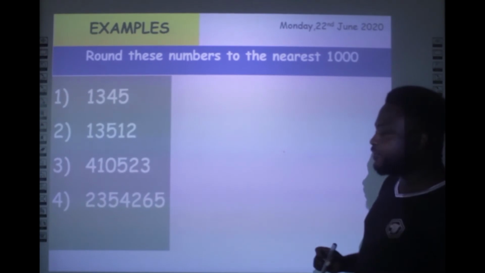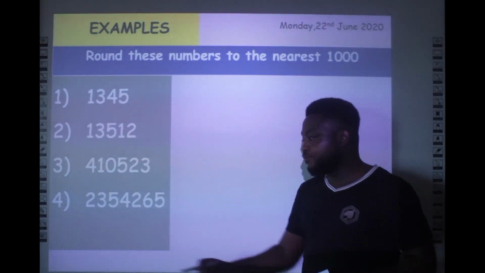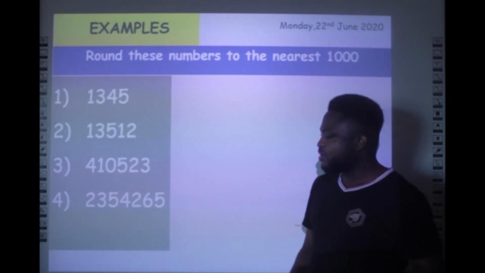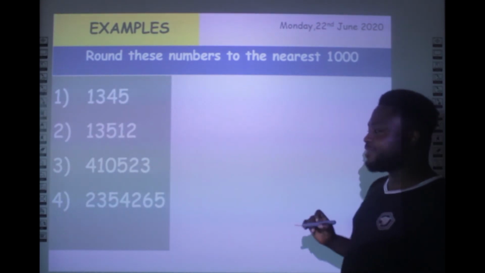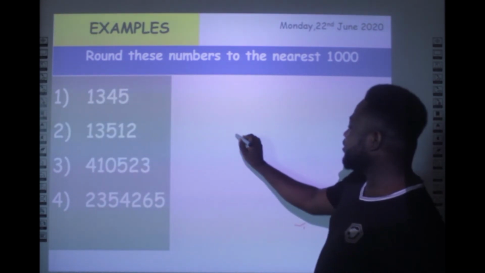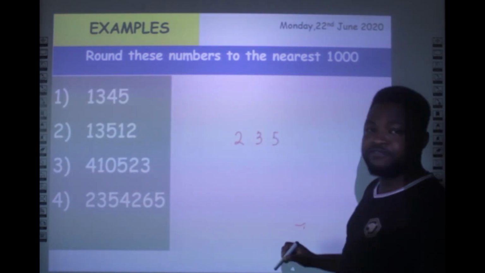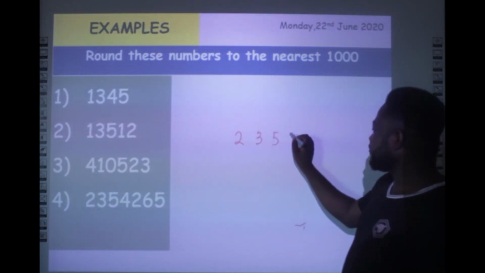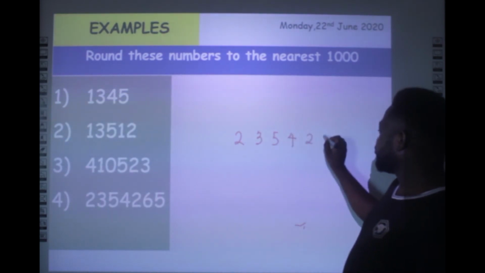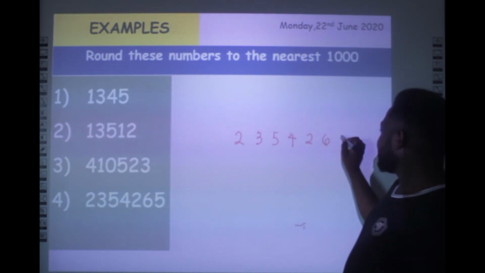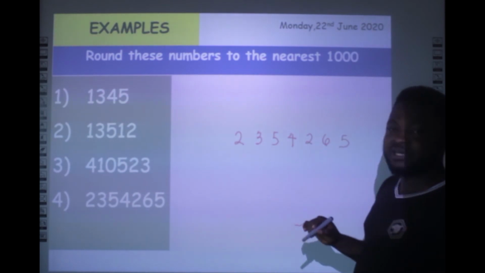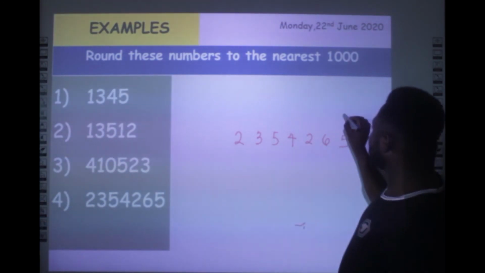Now let's go to example 4. We are told to round it to the nearest thousand. So we have 2, 3, 5, 4, 2, 6, 5. We can write their place value.